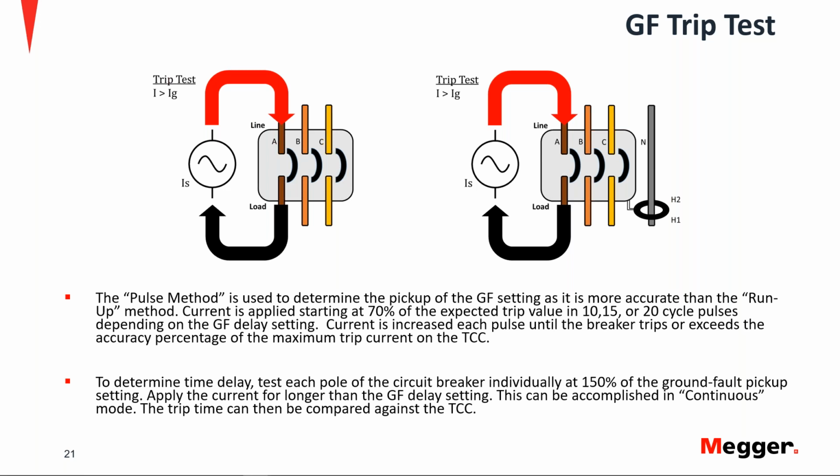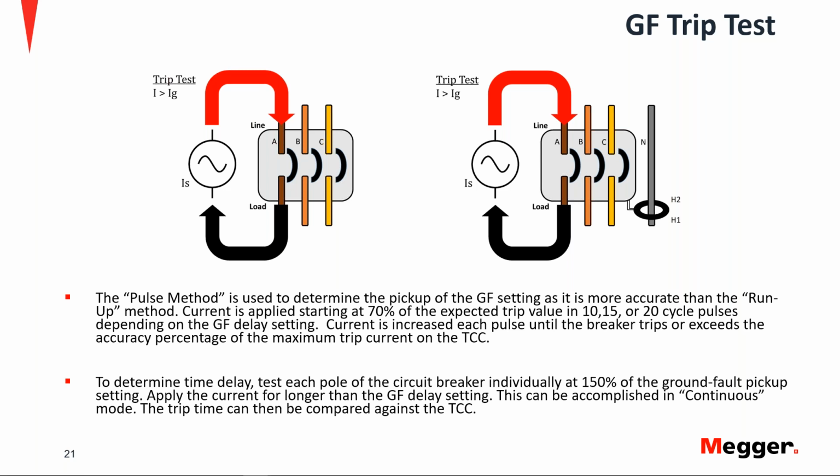If you use the run-up method, used of course a lot, you will start injecting. Of course, you know what your range of current is that you expect because you checked the settings of the breaker or of the trip unit.